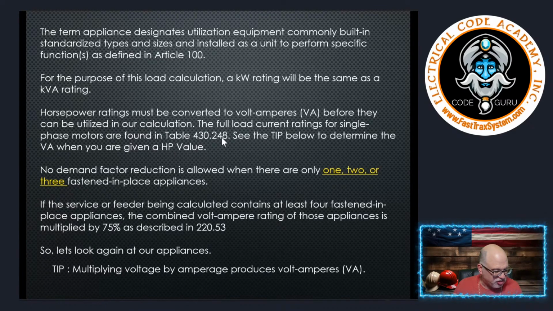Now, an interesting question that people raise, and we'll go look at the code. In the 2023 edition of the NEC, people ask me all the time, is an EV charger an appliance? Well, yes, it's an appliance. It's made in standardized sizes. But specifically, when we're looking at appliances in 220.53 for the 2023 edition of the NEC, it specifically excludes EV charging systems from being considered an appliance in order to be part of this reduction that you get when you have 4 or more fastened-in-place appliances, okay?